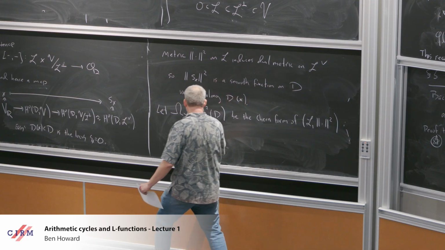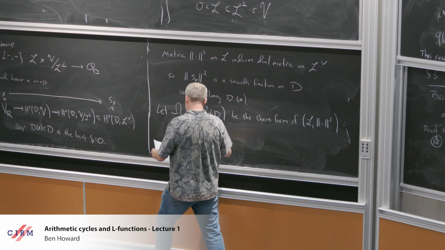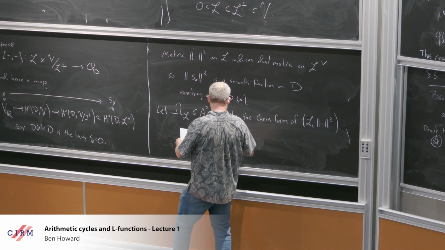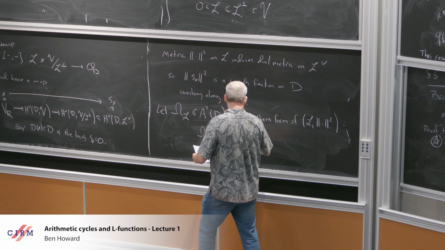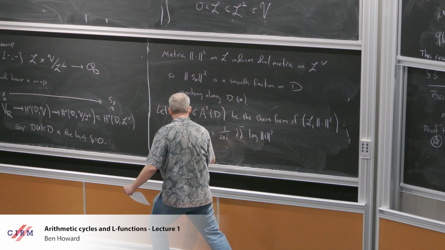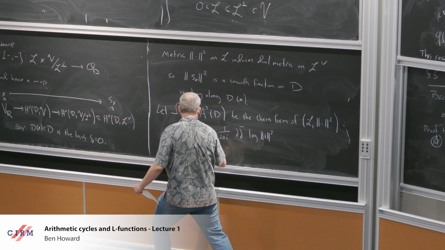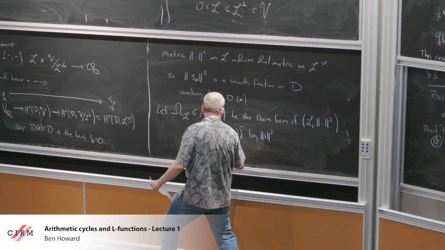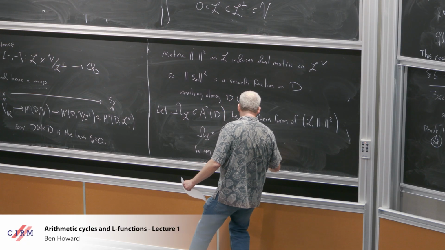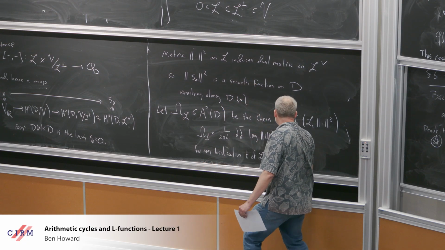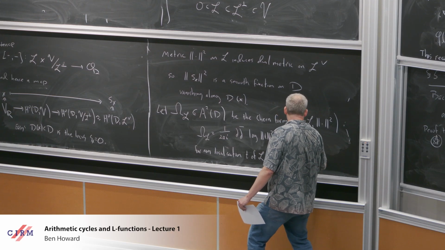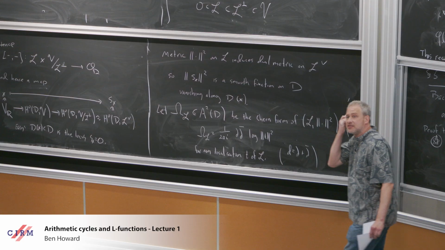So the definition is omega L is equal to 1 over 2 pi i d d bar log norm of t squared for any local section t of L. Here I'm doing the usual thing where the exterior derivative is decomposed into the holomorphic and anti-holomorphic parts.